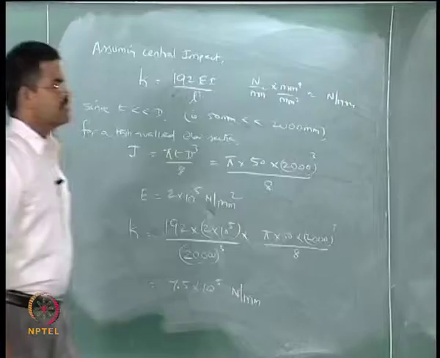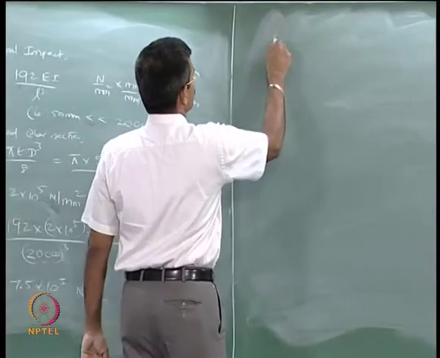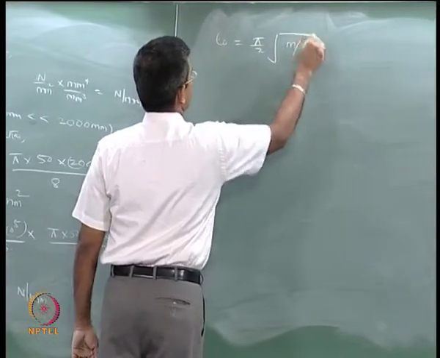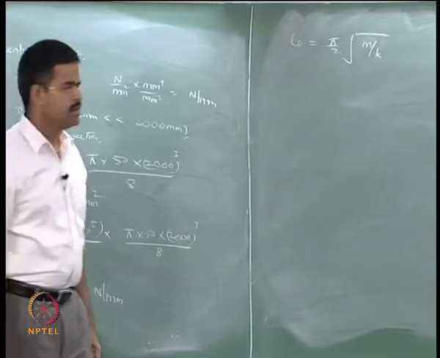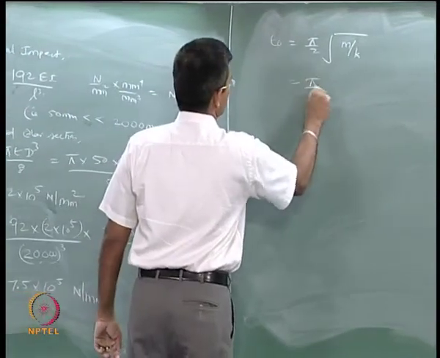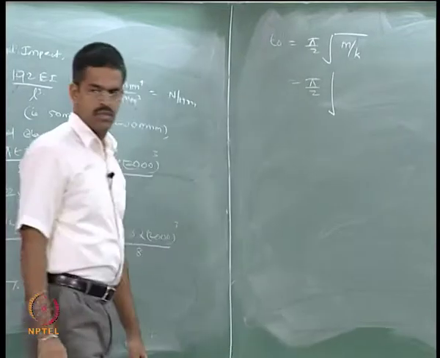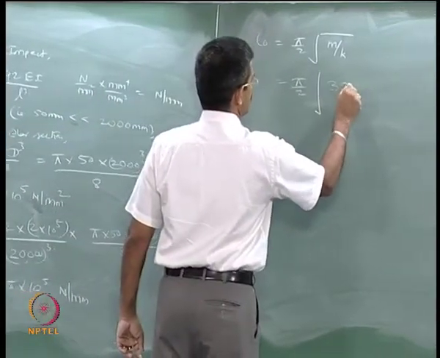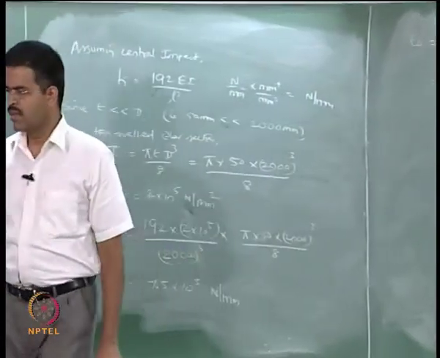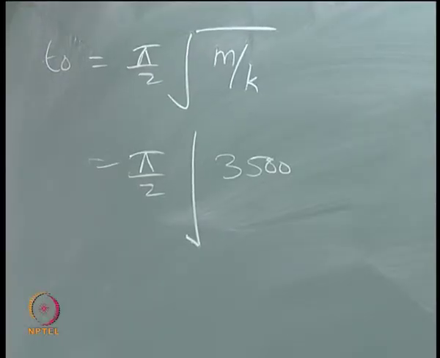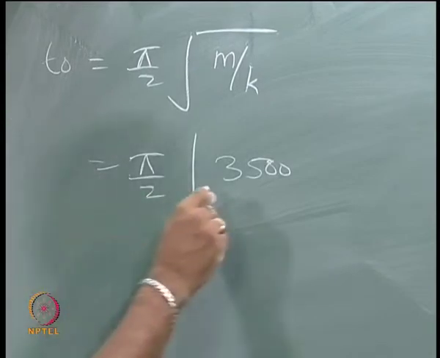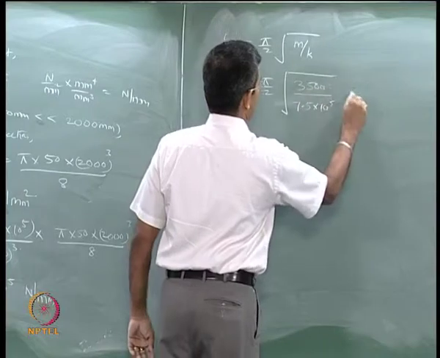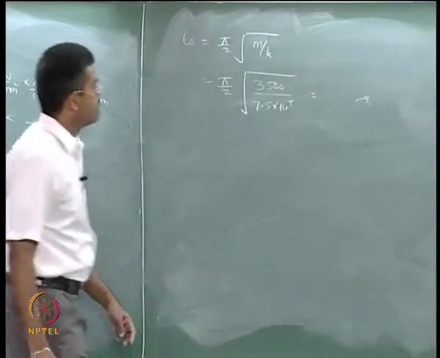So, therefore, let us find out the duration of collision, which is pi by 2 root of m by K, which becomes pi by 2 root of 3500 tons, which will be retained as a mass unit directly, divided by 7.5 into 10 power 5, so many seconds.